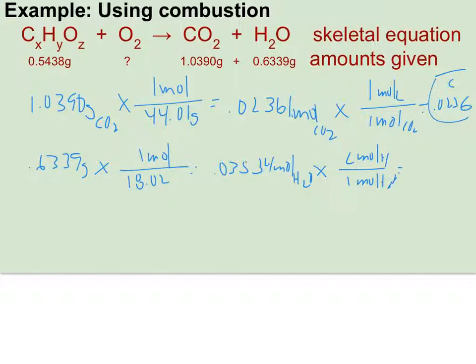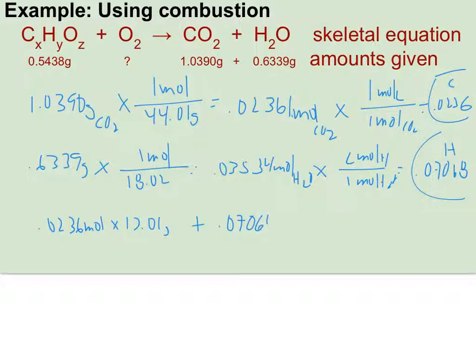So when I double this, we're actually talking 0.07068 moles of hydrogen. So now to get my oxygen, I have 0.0236 moles of carbon times 12.01 grams per mole plus my 0.07068 moles of hydrogen times just 1.01, because now we're talking just hydrogen. We already took care of the H2.